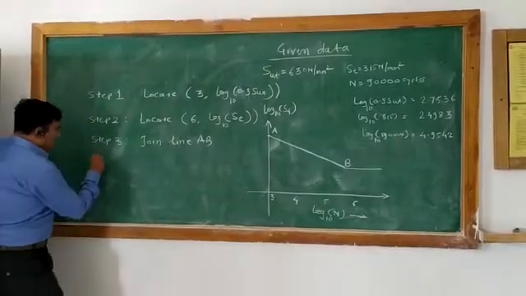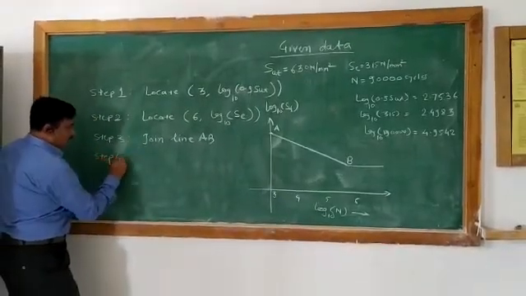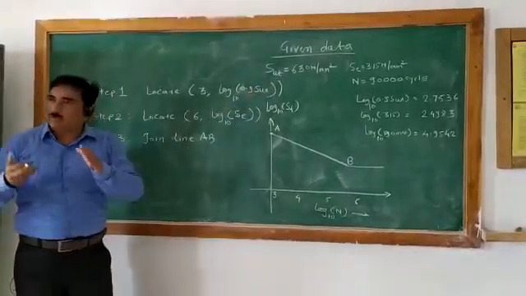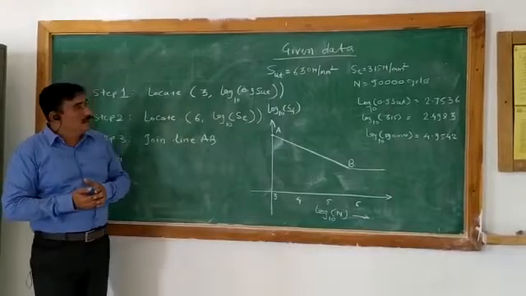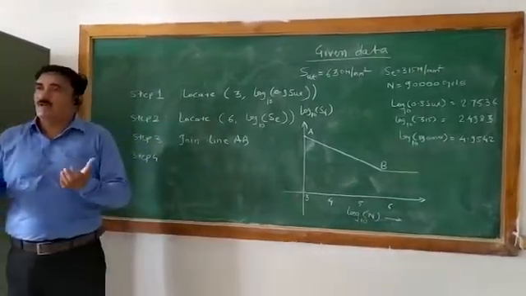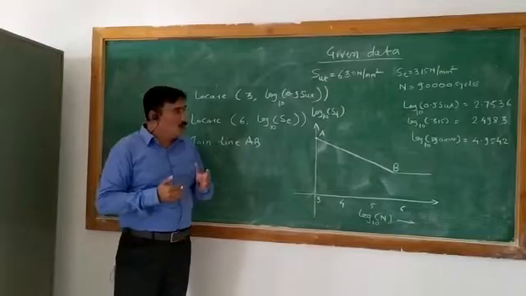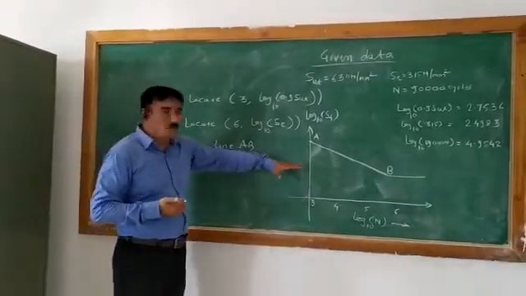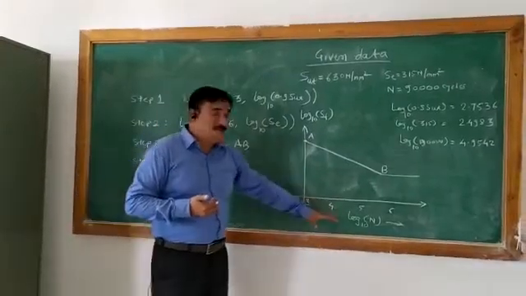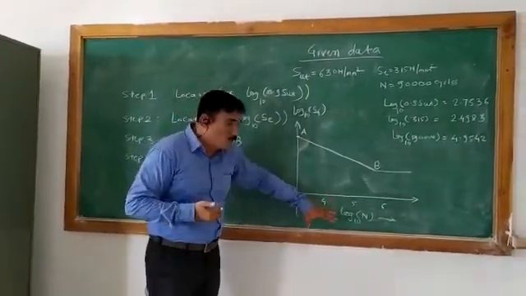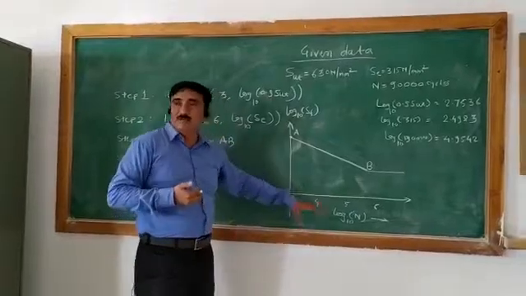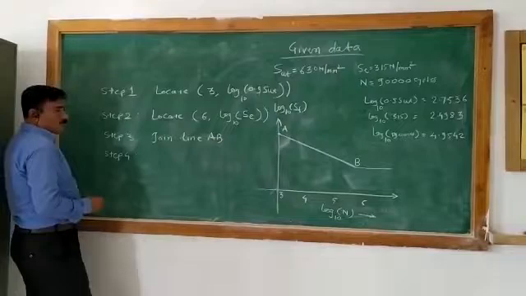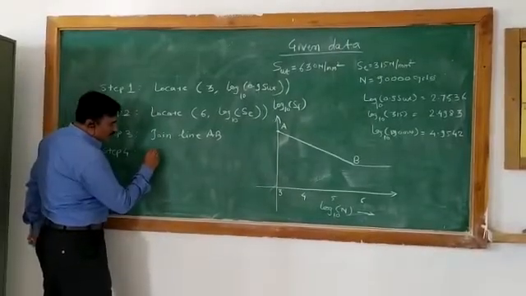Now next, in SN curve problems, they will provide you the value of SUT, the value of corrected endurance limit, and either the value of N, that is number of cycles, or SF, that is fatigue strength. If they provide the fatigue strength, you need to calculate the number of cycles, and if they provide the number of cycles, then you need to calculate the fatigue strength. Now suppose in the first case they have given the value of SF.